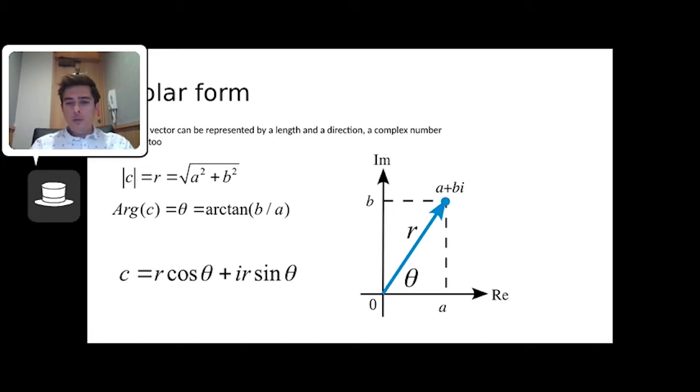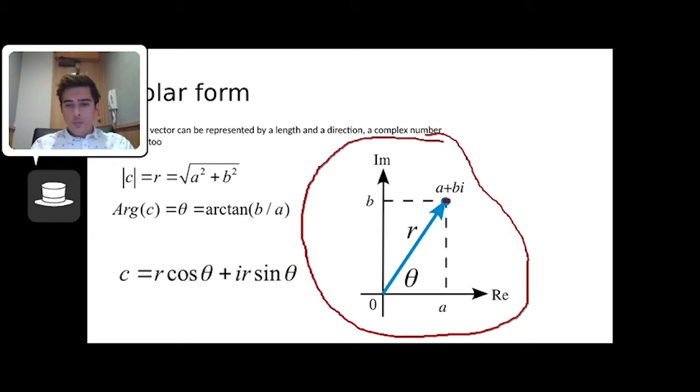Remember that any complex number can be written in terms of this two-dimensional plane. Each complex number is represented on this complex plane, so every complex number kind of looks like a vector.